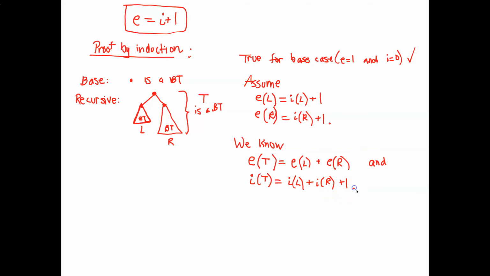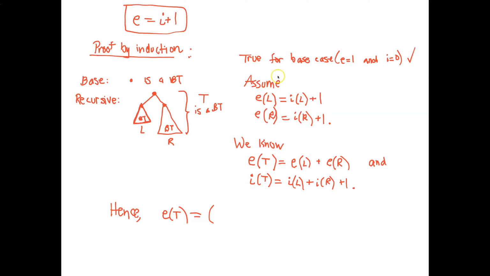Okay, so now we just have to substitute here. So this means that however many external nodes we have in our entire tree is equal to however many nodes are in our left tree here, plus however many are in our right tree here.